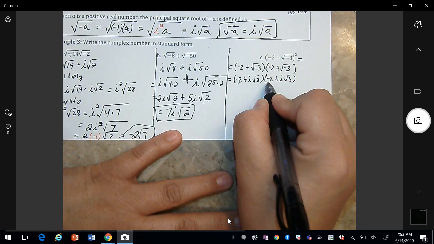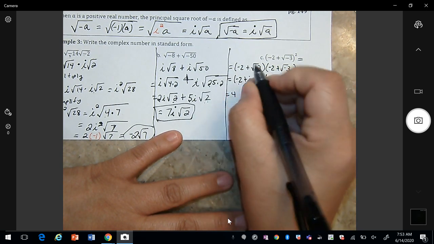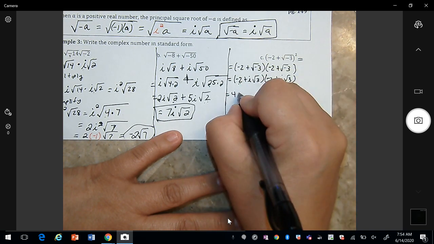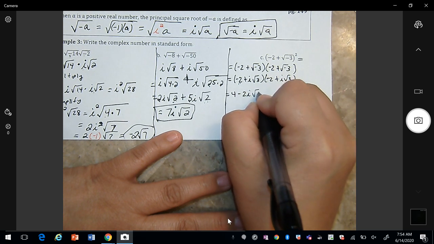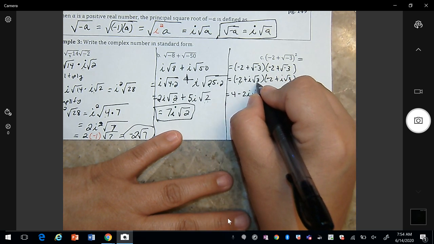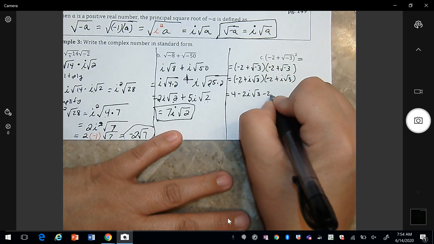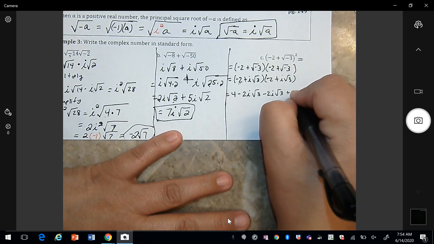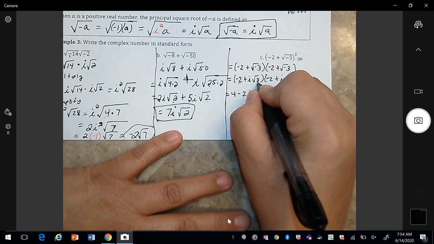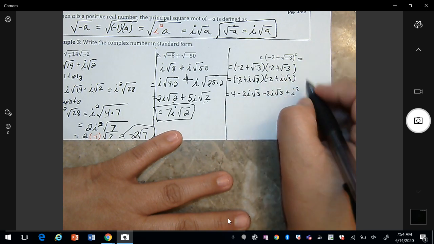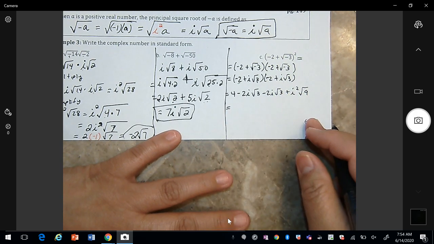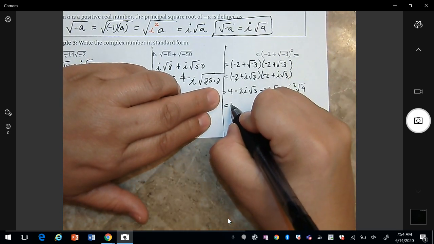So negative 2 times negative 2 is positive 4. Negative 2 times i√3 is negative 2i√3. And the next one is negative 2i√3. And i times i is i squared. Square root of 3 times square root of 3 is square root of 9. Gather our like terms, so we're going to have 4.